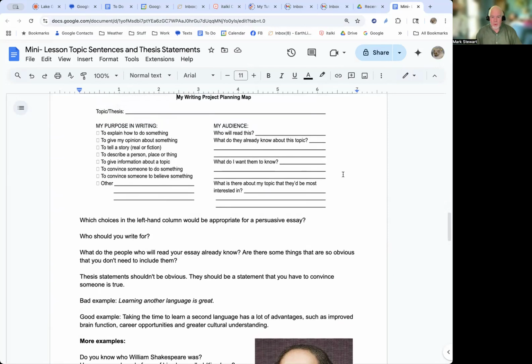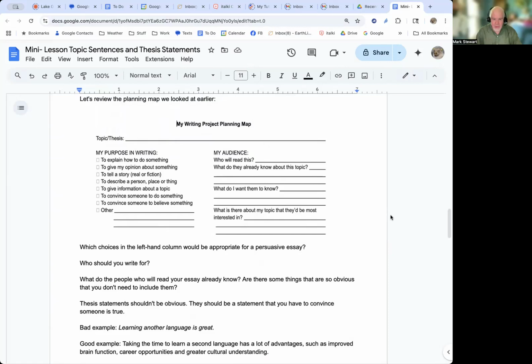Next thing is right here. Well, I can't highlight this because it's a screenshot. But the second one down under my audience is what do they already know about this topic? If something is so obvious that you don't need to say it, then it doesn't need to be in your essay.